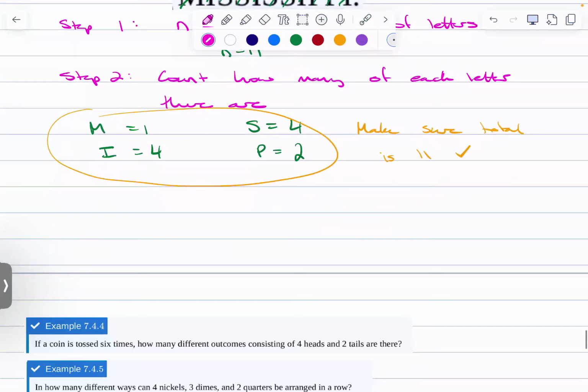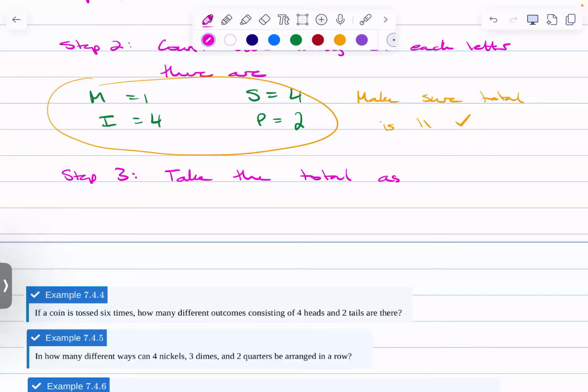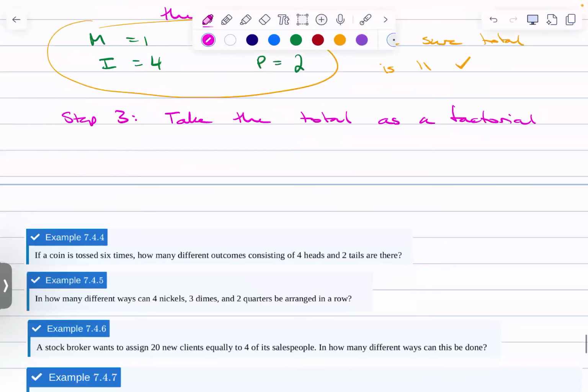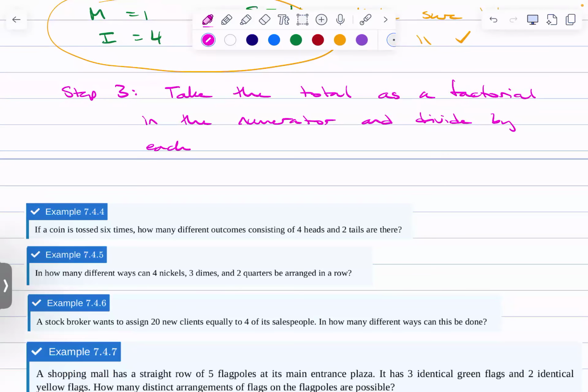And so now, step 3 is take the total as a factorial in the numerator, so that's the top, and divide by each letter count factorial.